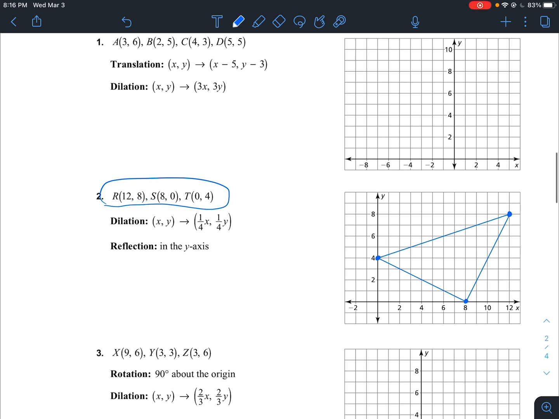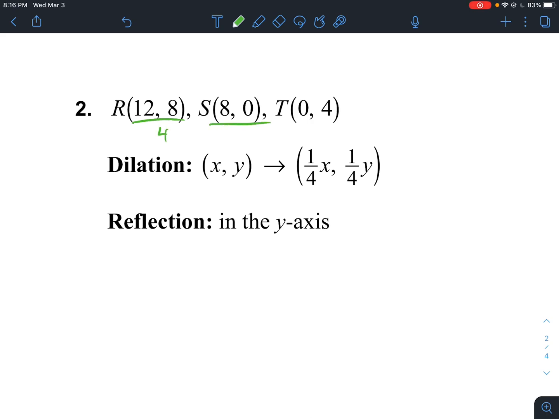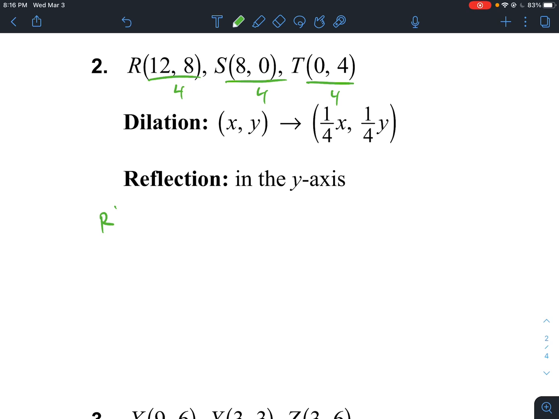Now the first transformation is a dilation where everything is divided by 4. So R prime becomes 12 divided by 4, which is 3, and 8 divided by 4 is 2. S prime is 2, 0. And T prime is 0 comma 1.